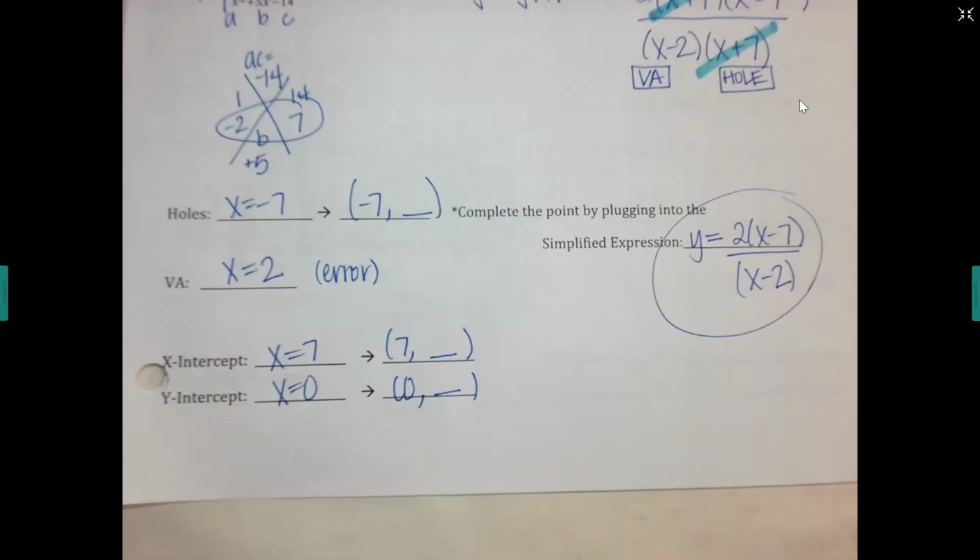And then you would put two parentheses on top. Anybody need help getting a fraction?